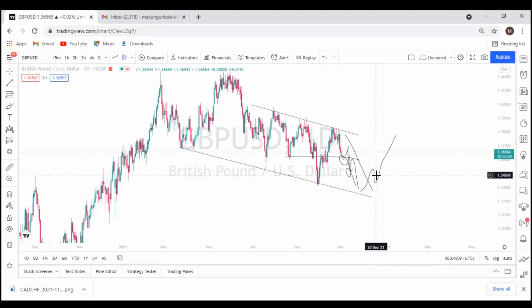Let me just see if I can generate the third possibility. So just give me a moment while I try to clear this.